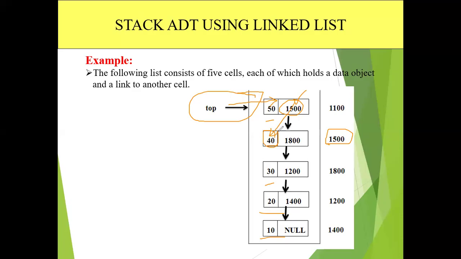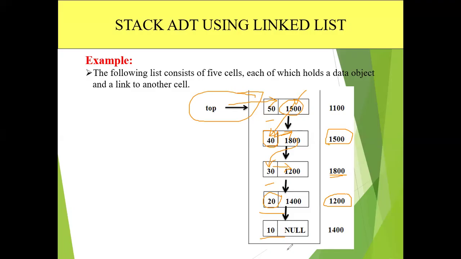Again, to get the next value, we refer to the second part, which is 1800, indicating that 1800 is the address at which the value 30 is stored. Similarly, the second part of 30 is 1200, which is the address of the value 20.